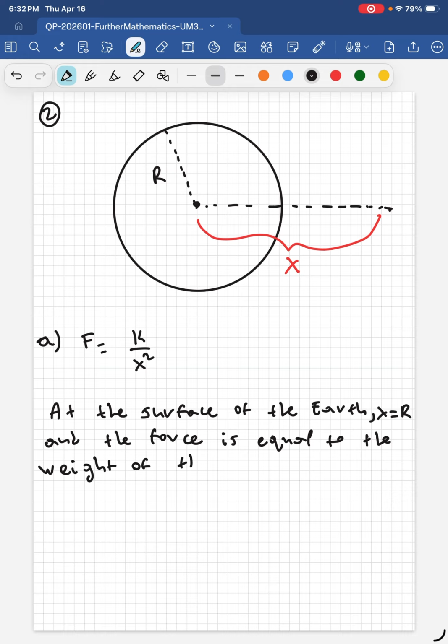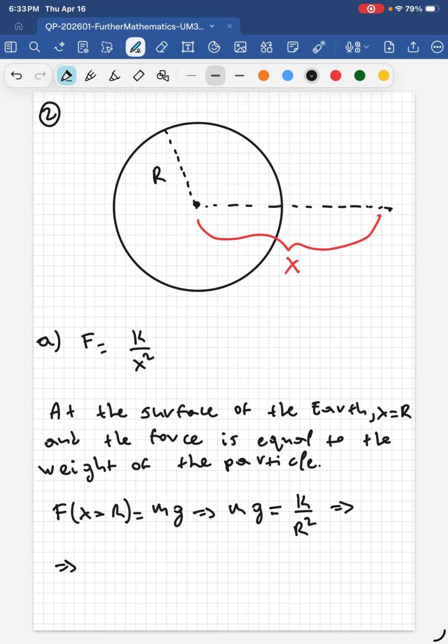In other words, F at x equal to r is m times g, where g is 9.81 meters per second squared. So m times g is k over r squared. Therefore, k is m g r squared.